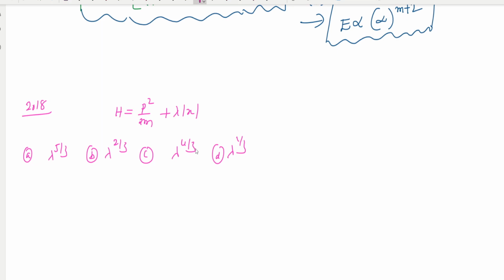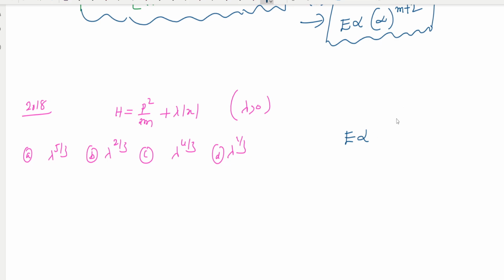the one-dimensional system is described by a Hamiltonian equal to p square divided by 2 plus lambda x, where lambda is greater than 0. The ground state energy varies as a function of the quantum number. So use this shortcut. E is proportional to some constant.